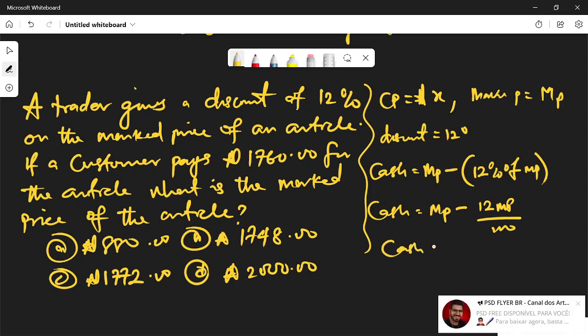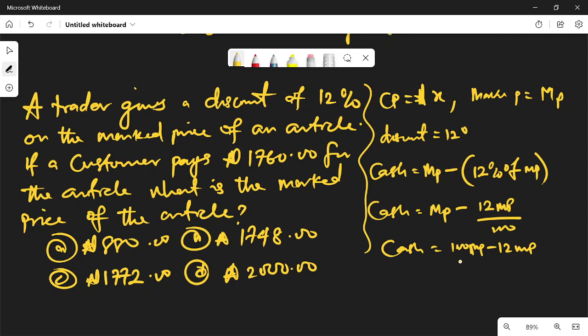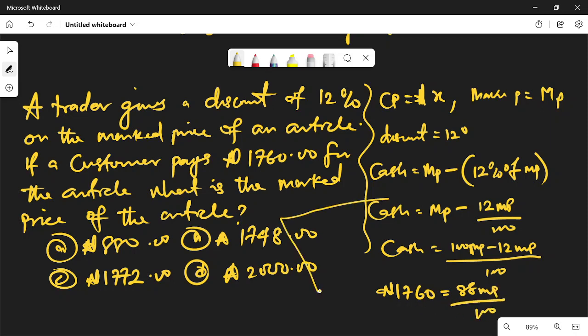So the cash price becomes 100 MP minus 12 MP all over 100. If the cash price, that is the amount the person paid, is 1,760, this is going to equal 88 MP all over 100. So cross multiply.